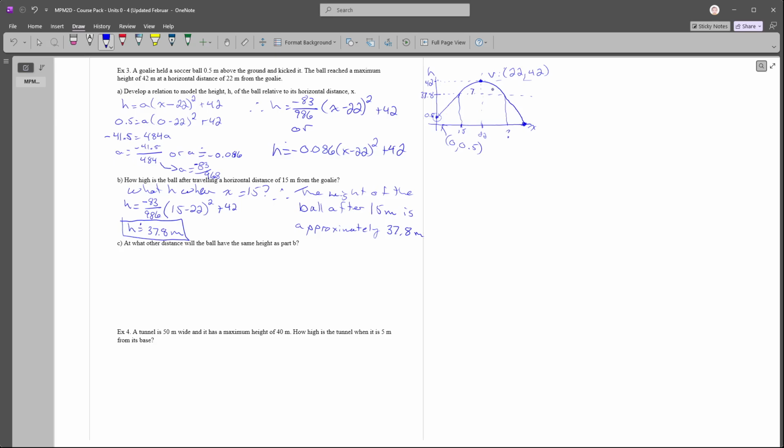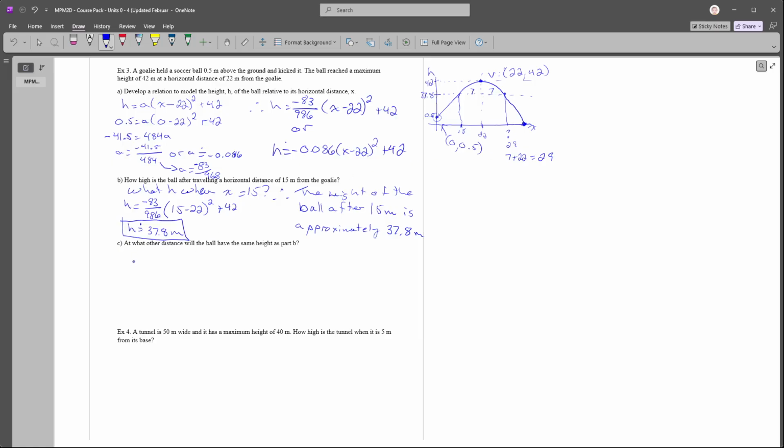So if we went 7 on the other side, we should end up with the exact same height. So that would give us a value of 29. That'd be 7 plus 22. So that's the easiest answer. But is that the only answer?